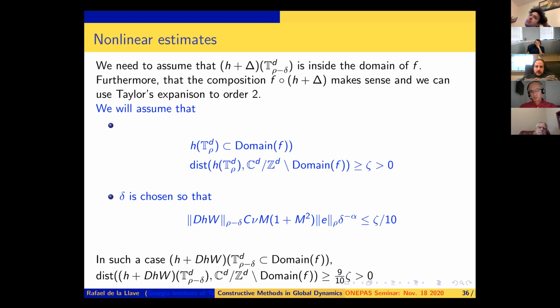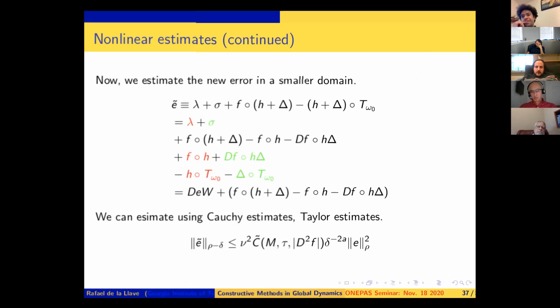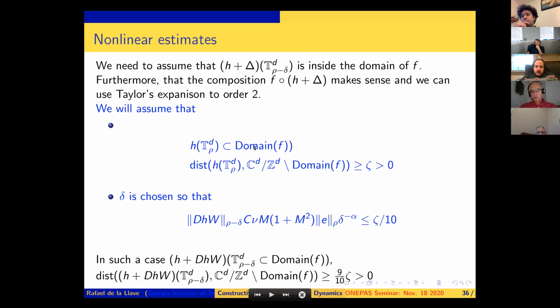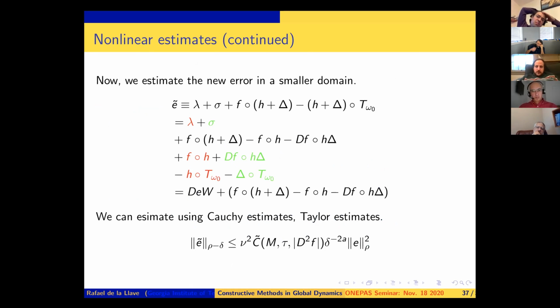And then this requires that this h plus delta gets mapped into the domain of f. And this requires one assumption, which is non-trivial, which is that delta is not too small, because if delta is too small, then the corrections are very big, and then you get out of the domain.